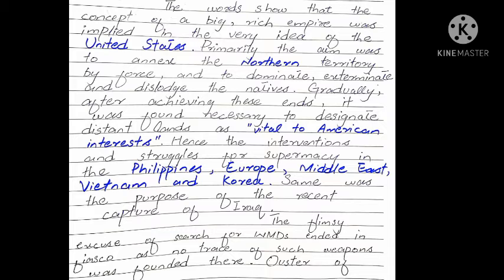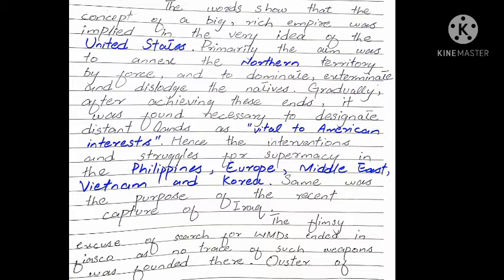Primarily, the aim was to annex the Northern Territory by force and to dominate, exterminate, and dislodge the natives. Gradually, after achieving these ends, it was found necessary to designate distant lands as vital to American interests. Hence, the interventions and struggles for supremacy in the Philippines, Europe, Middle East, Vietnam, and Korea.